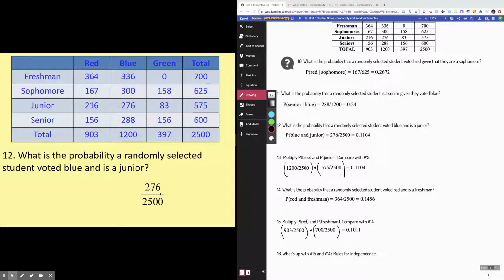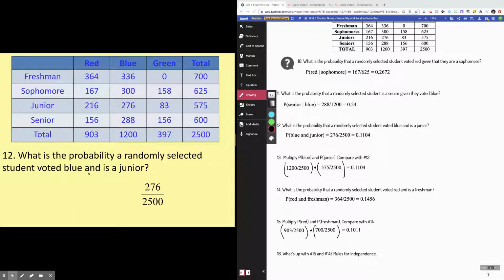Okay, for 12, this is asking what's the probability that a student voted blue and is a junior. So there's no condition here, right? We're not saying we know they voted blue or we know they were a junior. We just want to find the intersection probability, the and probability.